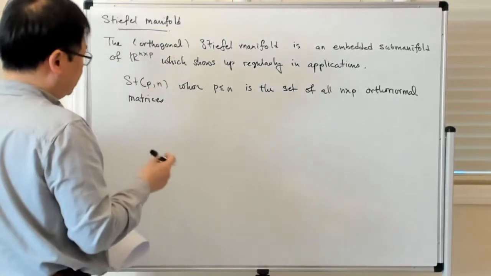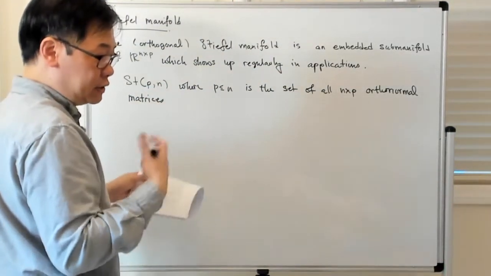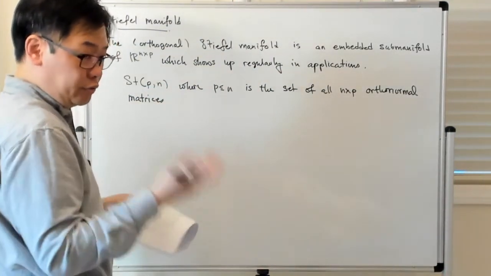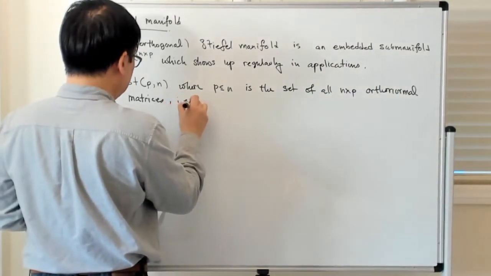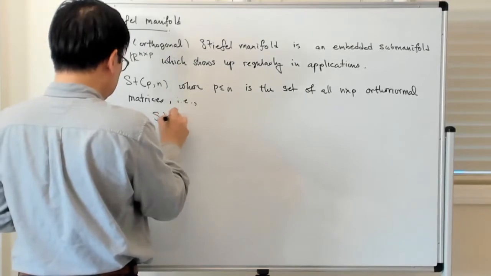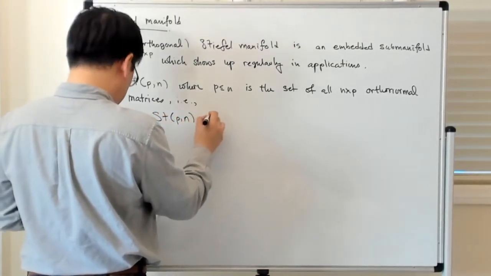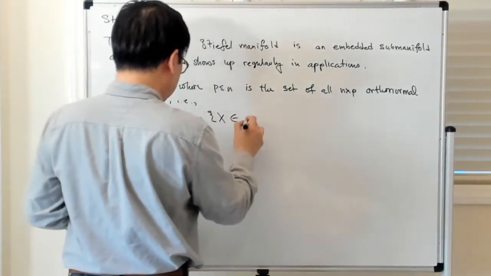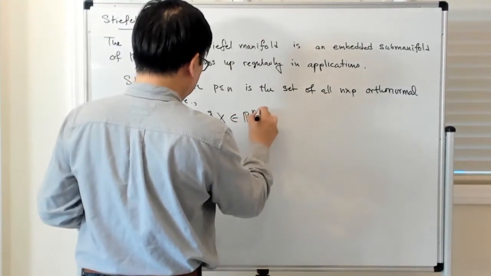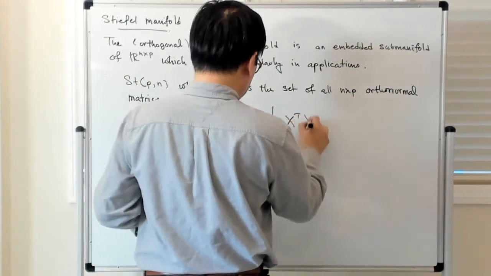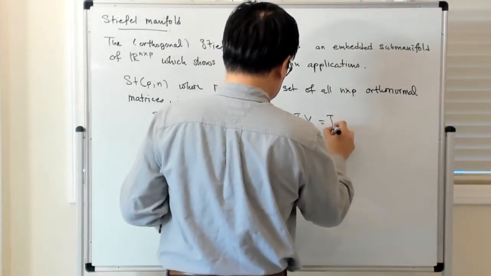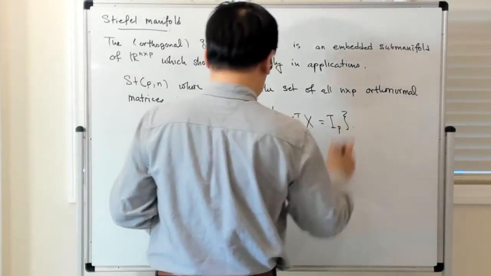The way to think about them is that you have P vectors in R n which are orthonormal with respect to each other. So this basically means that St(P, n) is the set of n by P matrices with the property that X transpose X is the P-dimensional identity matrix.